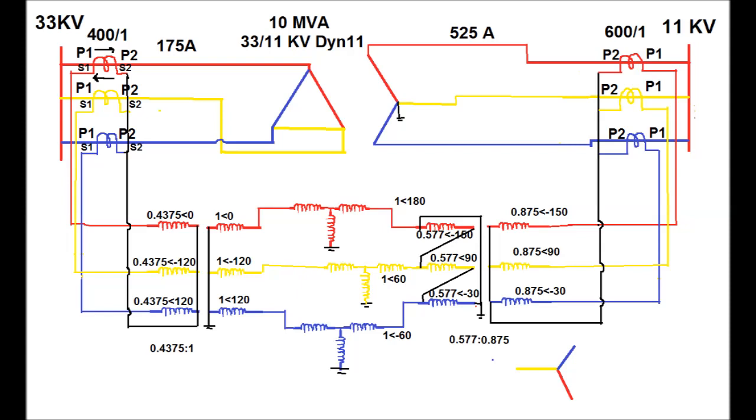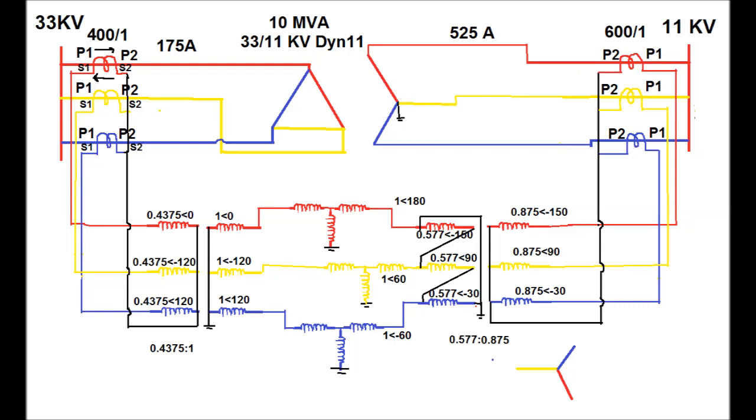Since ICT ratio is 0.4375:1, in the secondary side, or in the differential relay side, the current for red, yellow and blue phase is 1 at an angle 0 degree, 1 at an angle minus 120 degree, and 1 at an angle 120 degree.